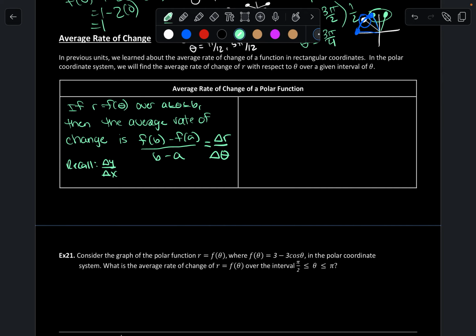So I'm not going to use delta y over delta x anymore because I want us to get extremely comfortable with the verbiage that we have in polar. Okay, so it's delta r over delta theta. That's going to be your average rate of change of a polar function over a specific interval.